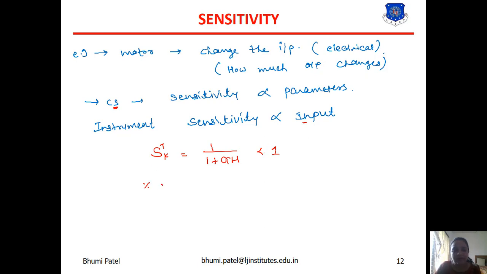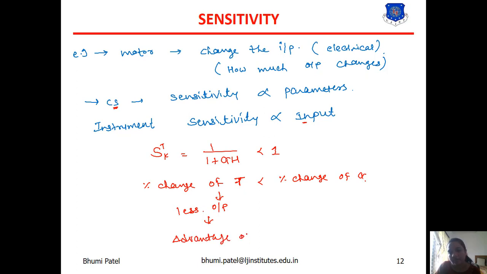So if the percentage change of the transfer function is less than the percentage change of the gain of the system, we get less output change, and this is the advantage of negative feedback.